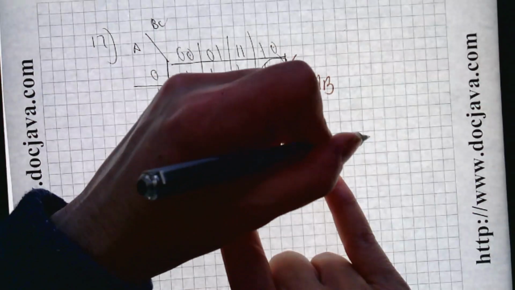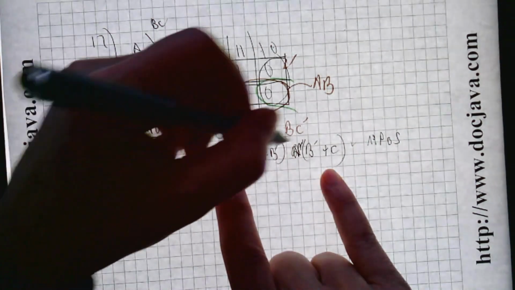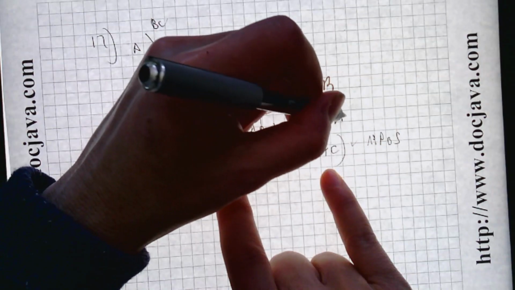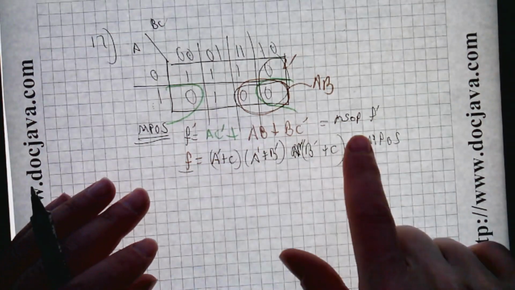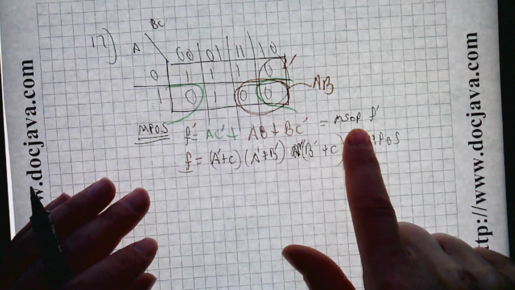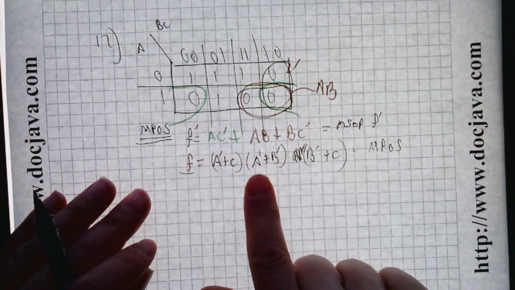And that becomes a minimum product of sums. This is a minimum sum of products for F prime. So you're basically getting a minimum sum of products for F prime, then use De Morgan's theorem to get the minimum product of sums. That's the procedure.